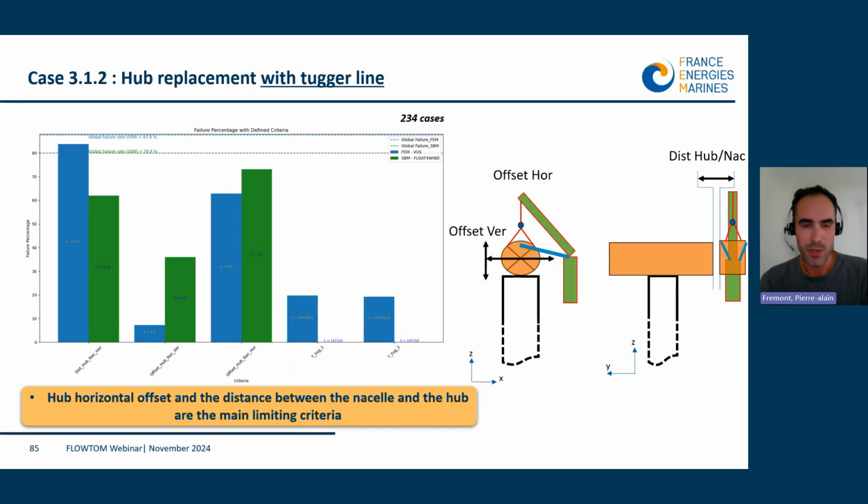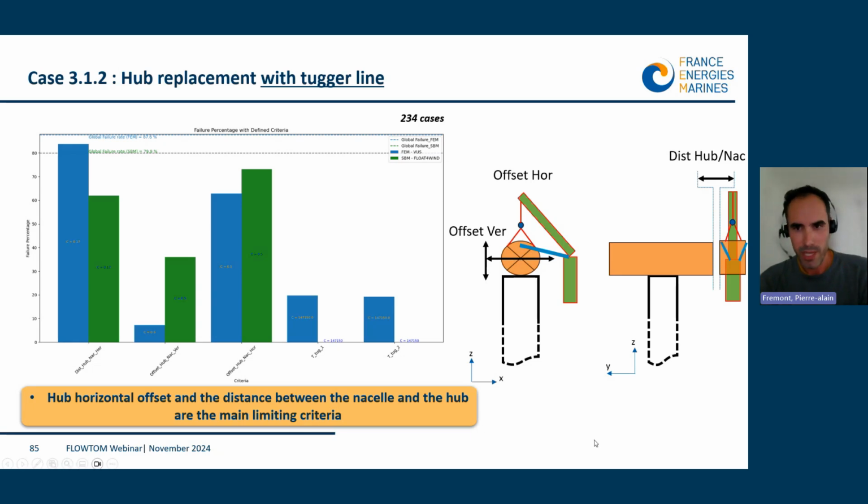So you can see on the diagram, the blue bars are for the semi-sub and the green bars are for the TLP. And so there is a higher rate of failure for the semi-sub on the horizontal distance, but a higher rate of failure on the vertical distance for the TLP, and as well, let's say 5%, 10% difference for the offset, but this is a high level of failure.